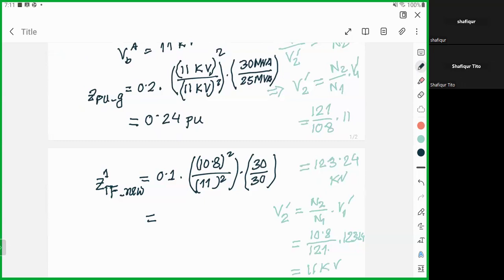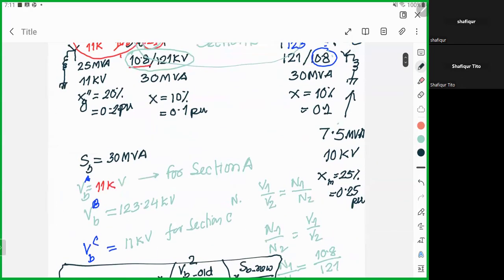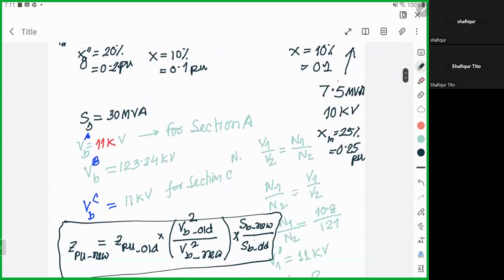So it's 0.1 times that, which is equal to 0.096 pu. And the second one will also be the same.